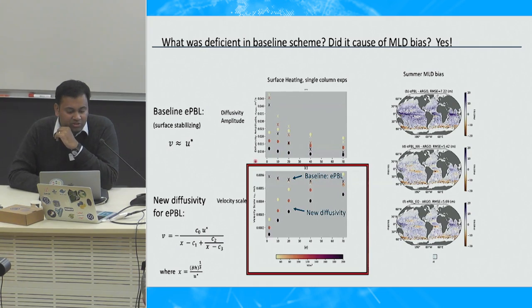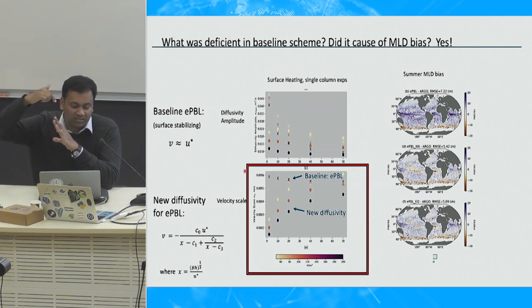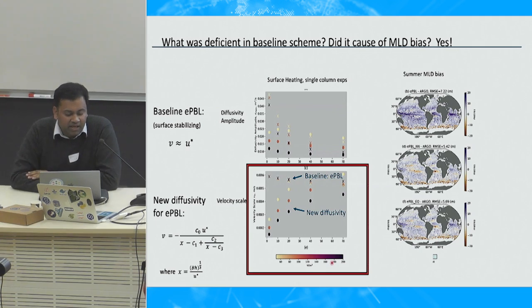I want you to focus on this red box over here. I have run single column model simulations, which are forced at the surface by fluxes, unlike the quarter degree model, where the fluxes are parameterized. In this experiment, I have changed the latitude as well as the heat flux. This is the summer mixed layer depth.